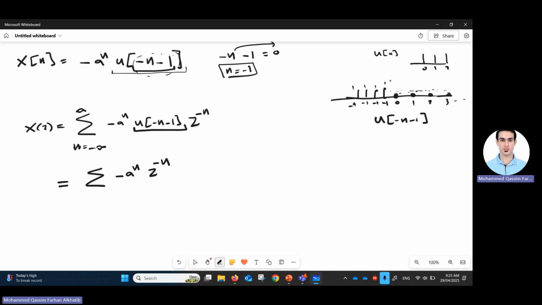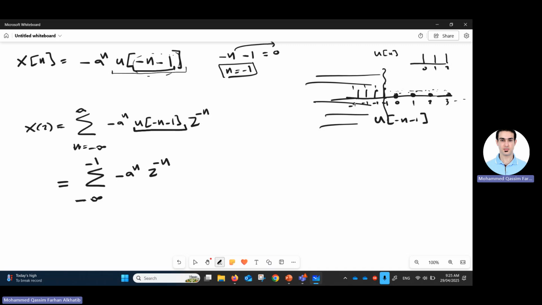I have to consider only this interval. From negative 1 to infinity, I'm getting zeros, so it will not do the summation. So what will be my limits? It's going to be from negative infinity to negative 1. Is it clear?